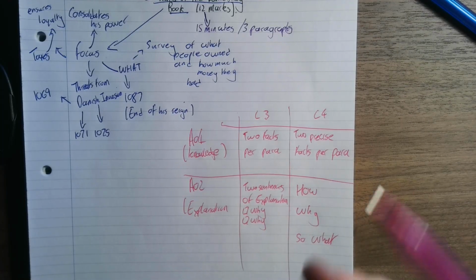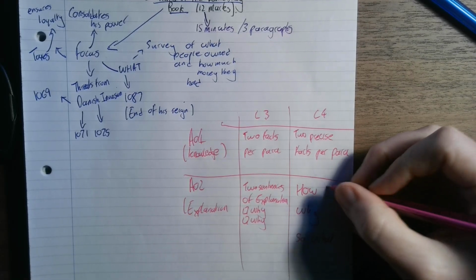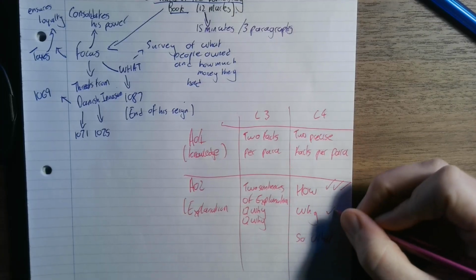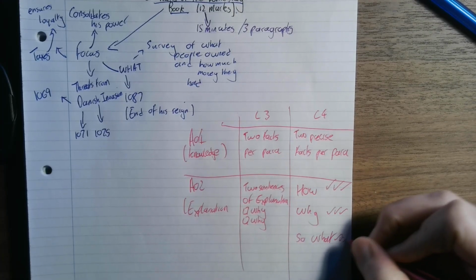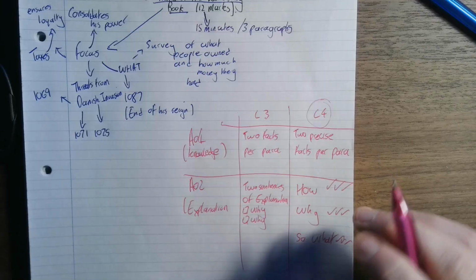Maybe you could use the phrase, this would be important because, or taxes are important because. Why is that reason significant in the creation of the Doomsday Book? How, why, so what? That's really challenging stuff, but if you nail this skill all the way through, you are absolutely knocking on the door for level 4 for this question.